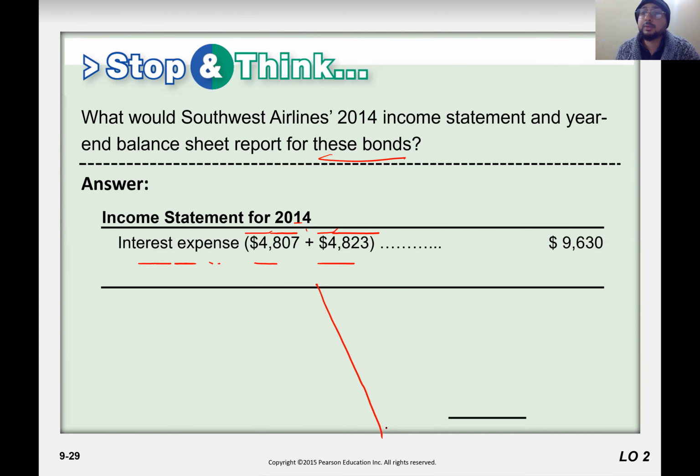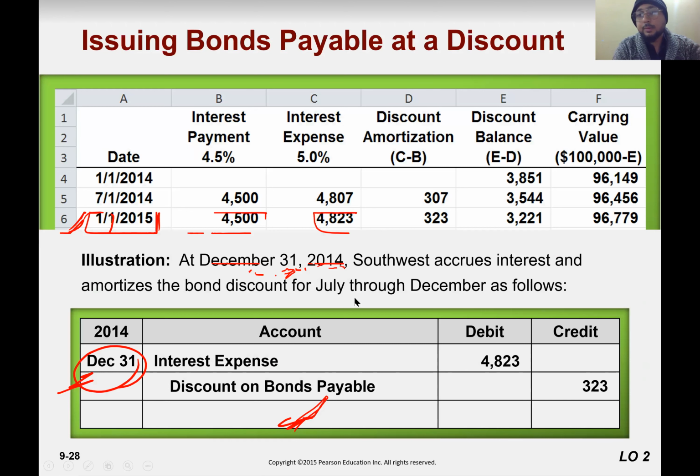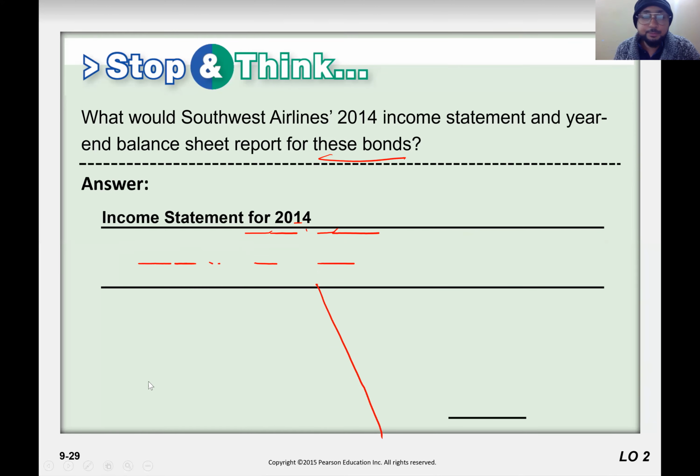Not the coupon payments. So that's why profit is different from the cash. So total interest expense for the year is 4807 plus 4823. Here we go. Right?